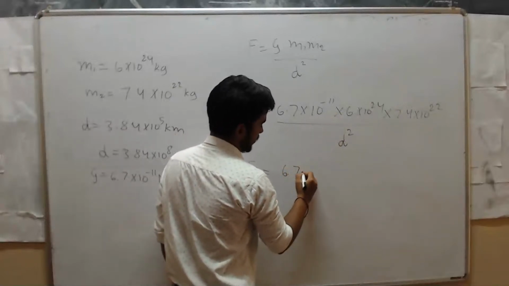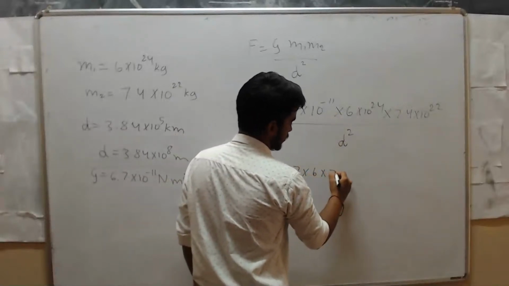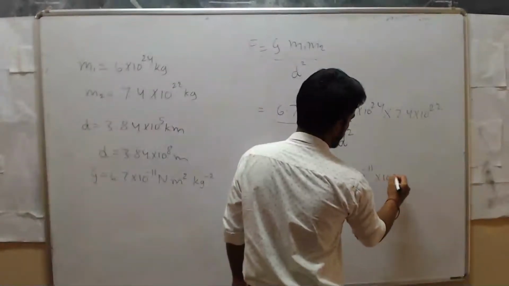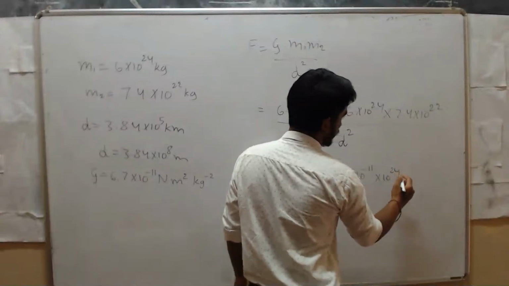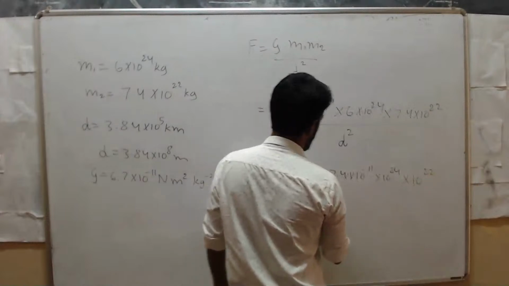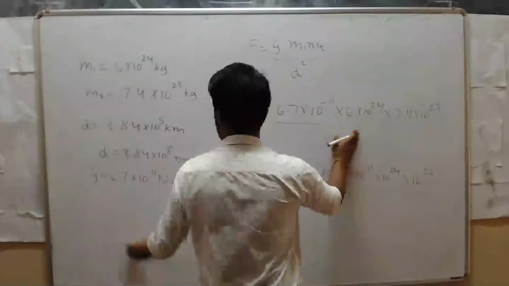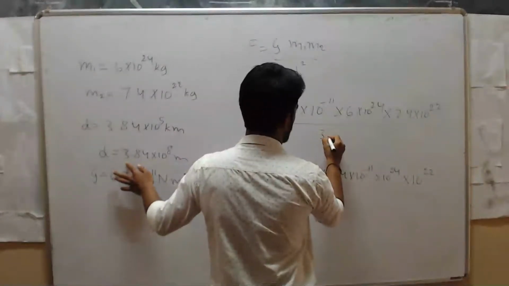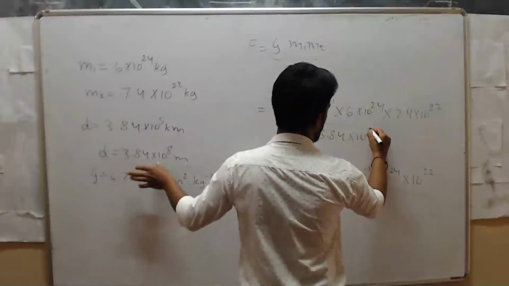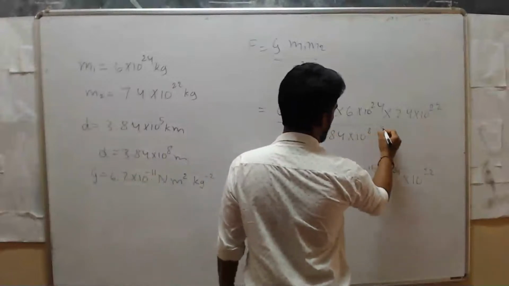It is 6.7 into 6 into 7.4 into 10 raised to the power minus 11 into 10 raised to the power 24 into 10 raised to the power 22, divided by, here D square means 3.84 into 10 raised to the power 8 whole square. Okay.